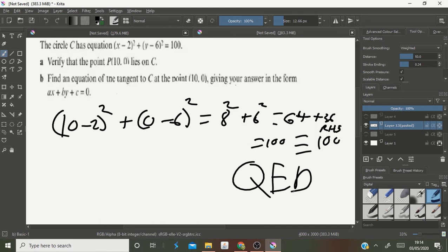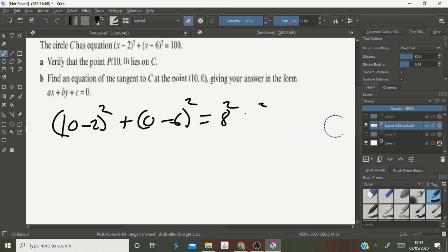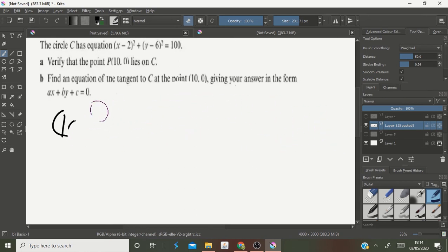So if you're feeling fancy, you can end that with a quod erat demonstrandum, which is just Latin for what was needed to be demonstrated has therefore been demonstrated.